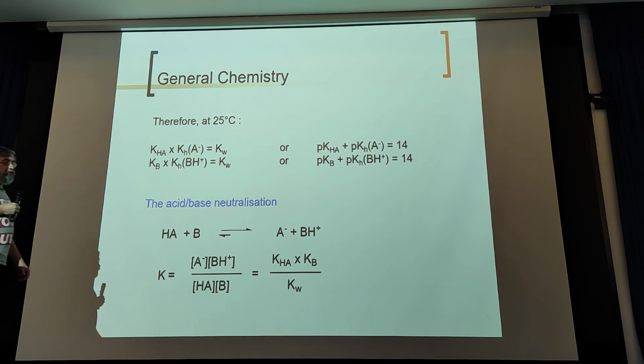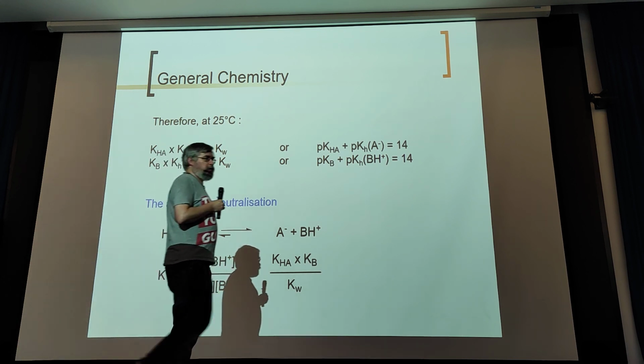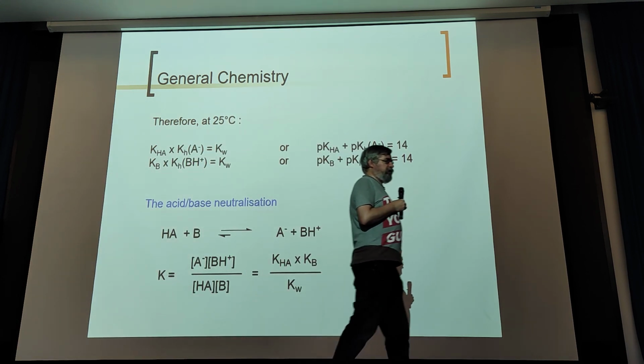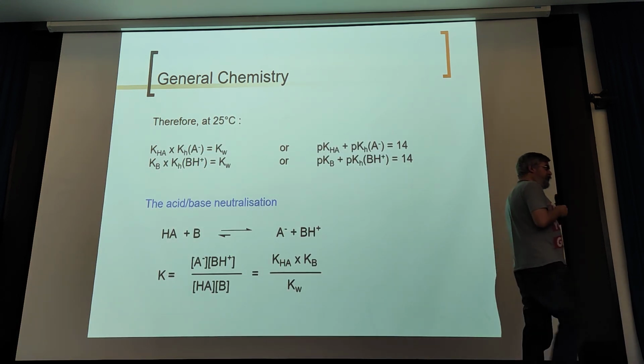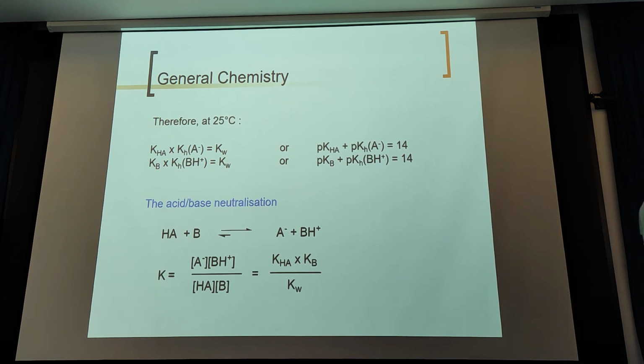You could take the negative logarithm, and the negative logarithm of the autoionization constant of water is 14. That means the negative logarithm of the ionization constant of a weak acid and the negative logarithm of the hydrolysis constant together add up to 14.